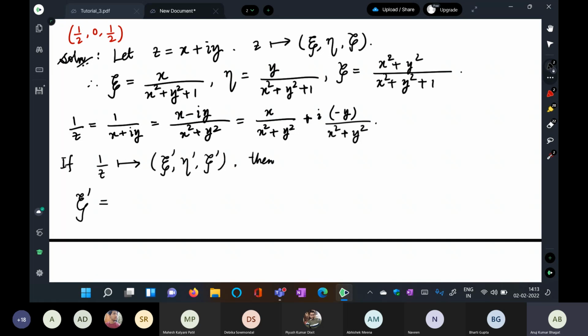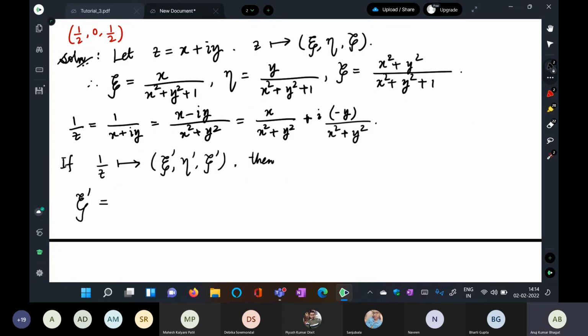What will be this? The real part, x upon x square plus y square, divided by x upon x square plus y square whole square plus minus y upon x square plus y square whole square, plus 1.